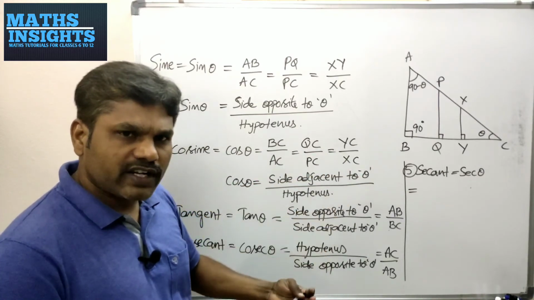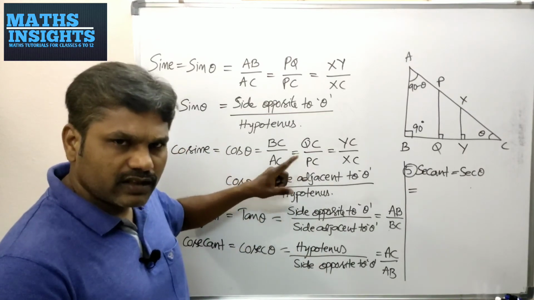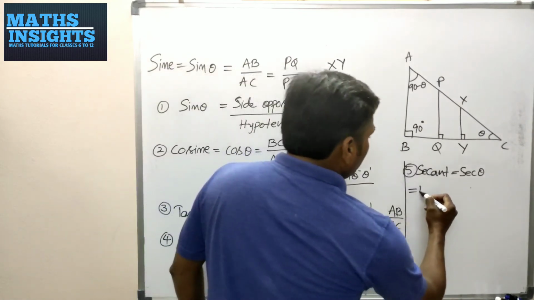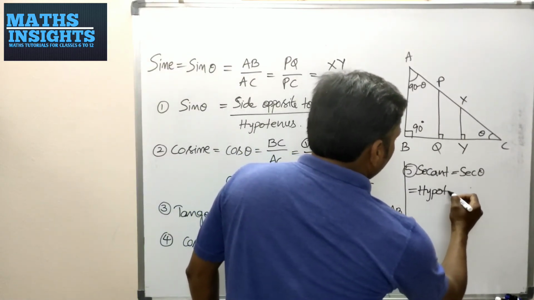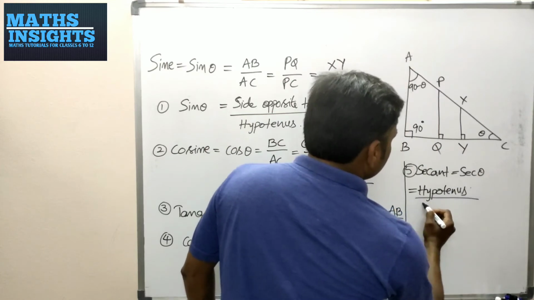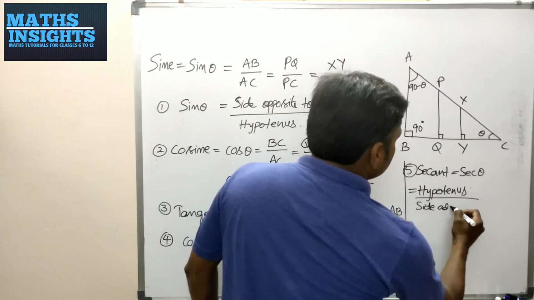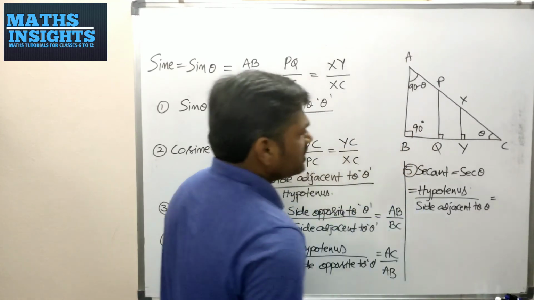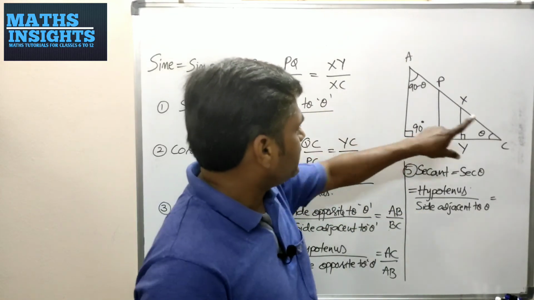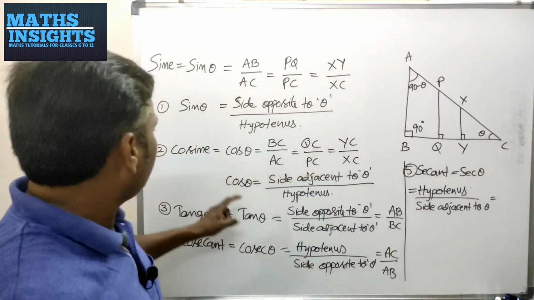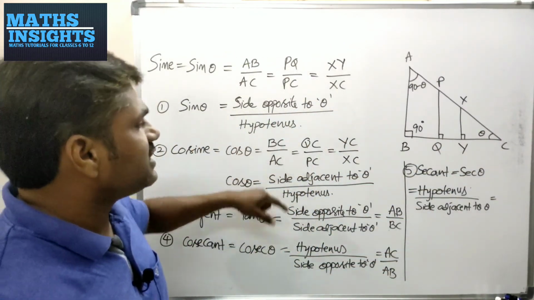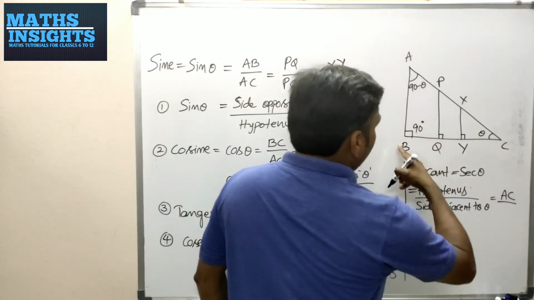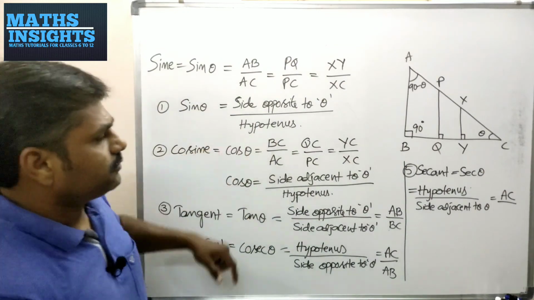Therefore we will reciprocate it, which means the numerator and denominator will interchange, that is hypotenuse by the side adjacent to theta. If you consider the right angle triangle ABC, the ratio will become AC by BC. AC is the hypotenuse by the side adjacent, which means BC.